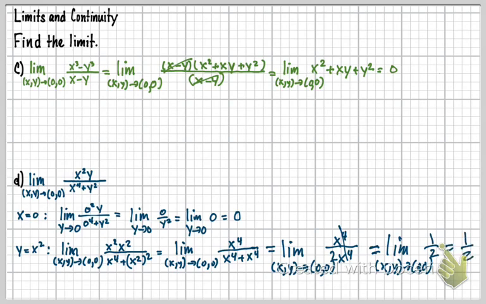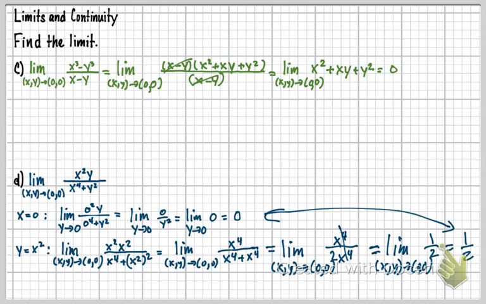Now notice this. These here are different values, which tells me no matter what path I pick, as long as I'm going through 0, 0, should result in the same z value here, and this one doesn't.